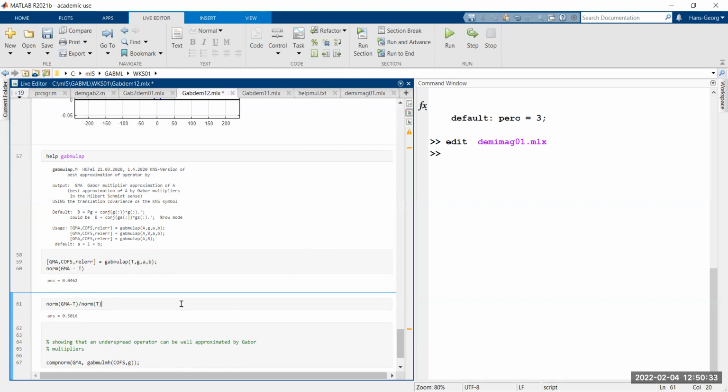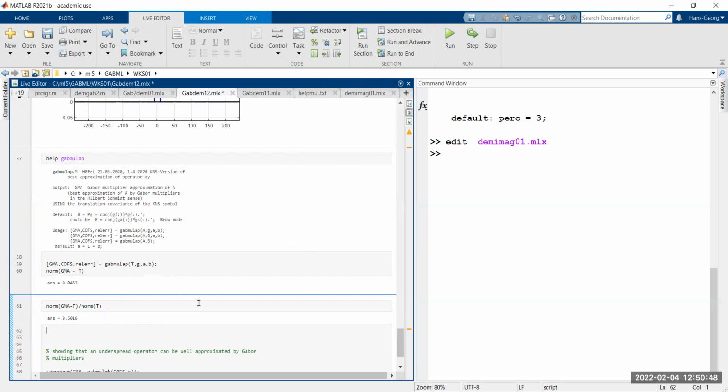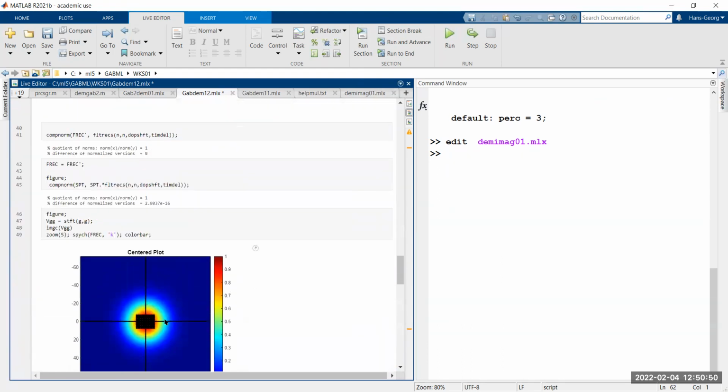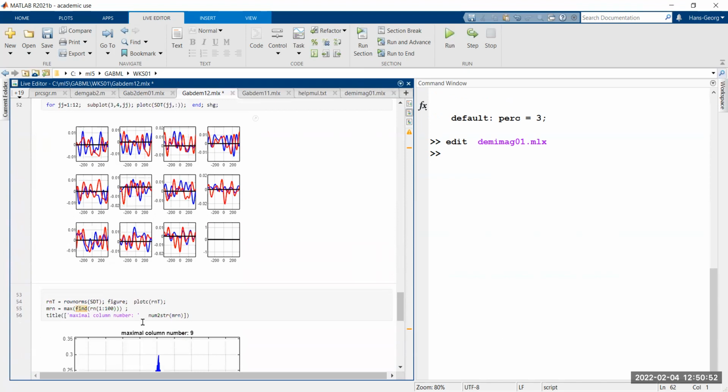So, okay, this is not so good. It's 50%. In this case, we should probably look at the difference. I think it would be interesting to look at this. I think the problem was that I have increased our rectangle, so that we have a problem here.